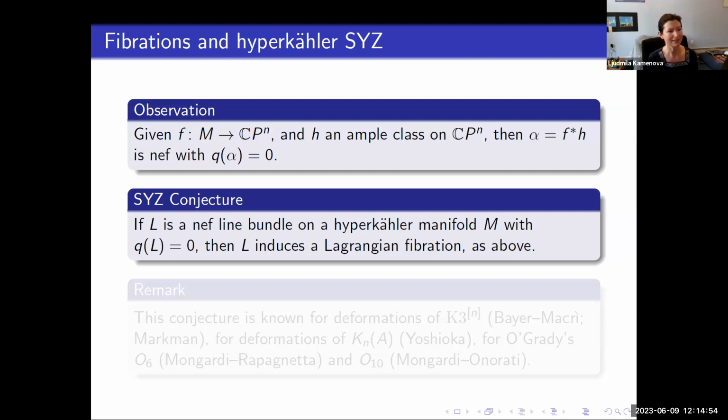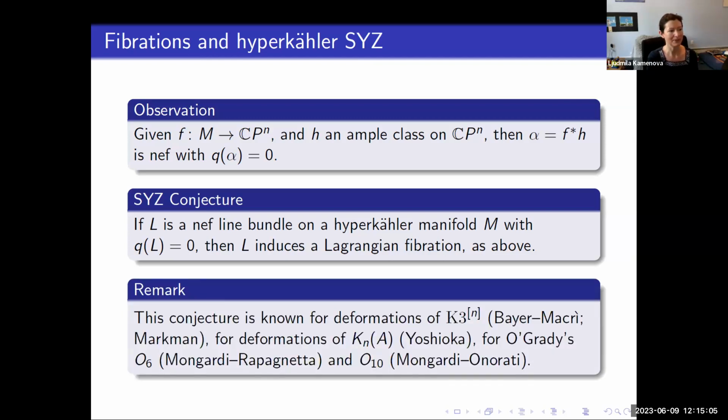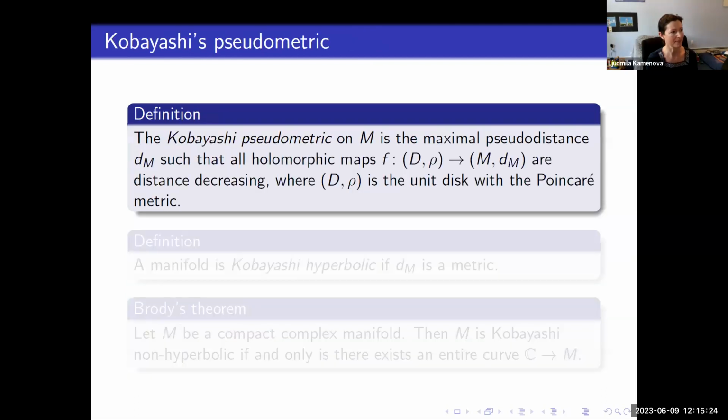And this is the hyperkähler version of the SYZ conjecture. And while in general this is not known, we know it for all of the examples of hyperkählers we have. So this conjecture is known for deformations of Hilbert schemes, generalized Kummers, and O'Grady's exceptional examples.